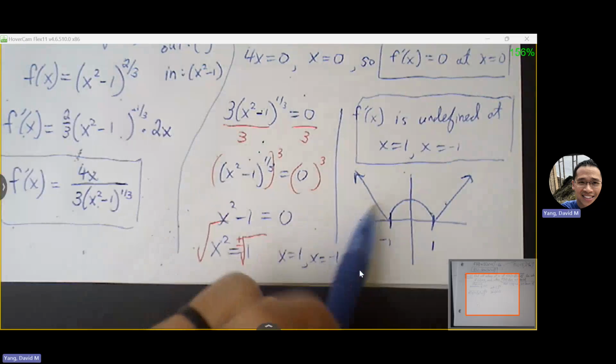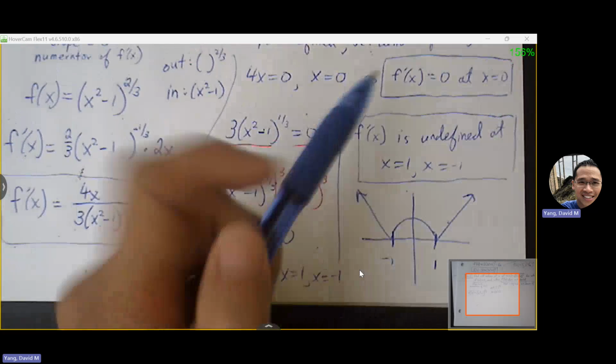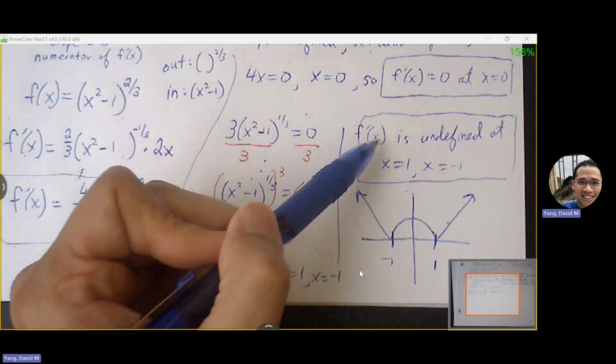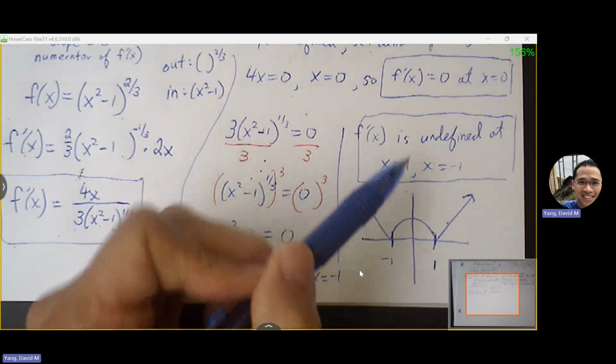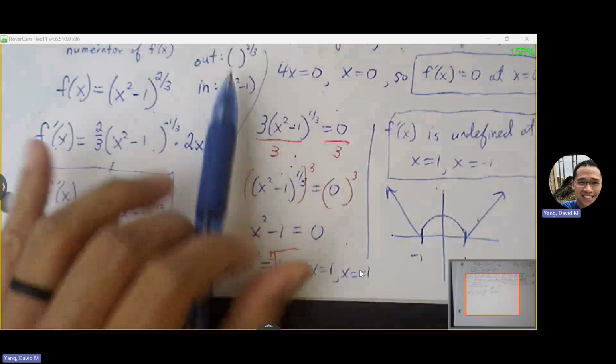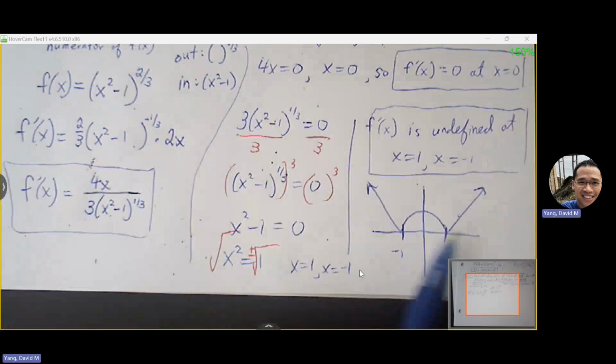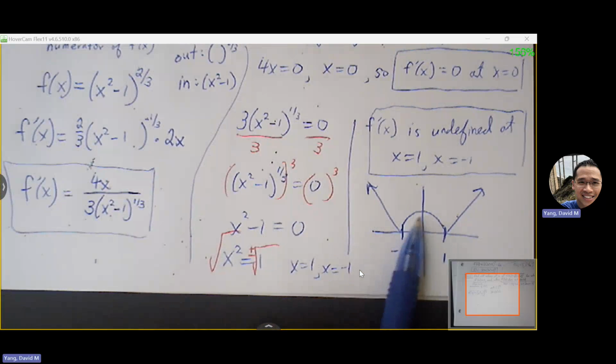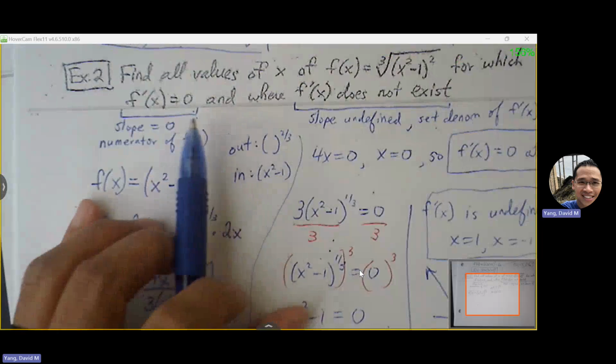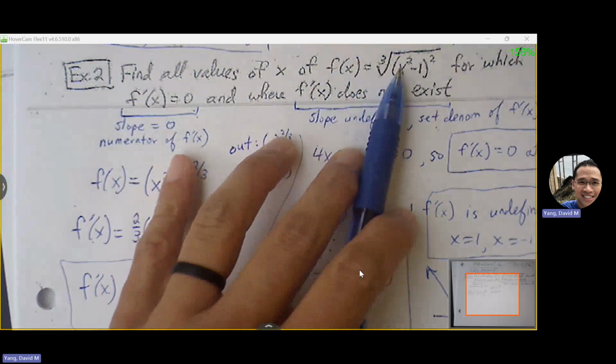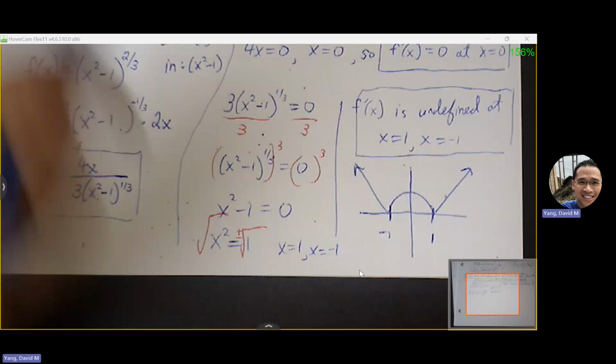I want us to look at this and be convinced that this is actually giving information that we can visualize. So we found that the slope is 0 at 0, which we know to be true, right? If we look at the graph of my original function, the cube root of x squared minus 1 squared, we see that to be true.